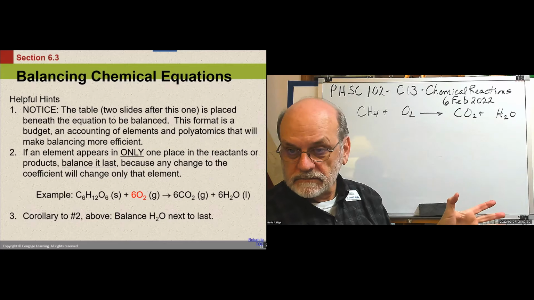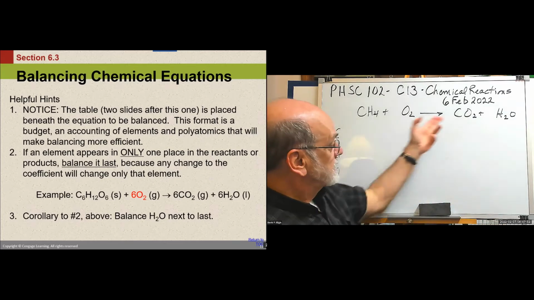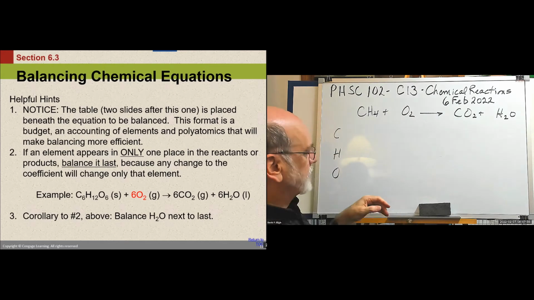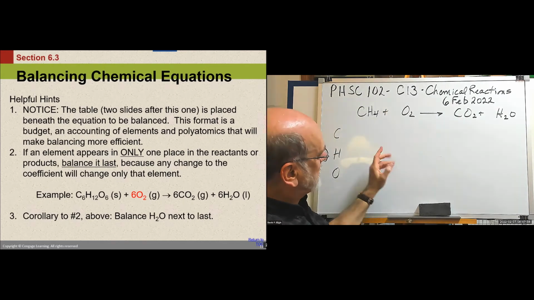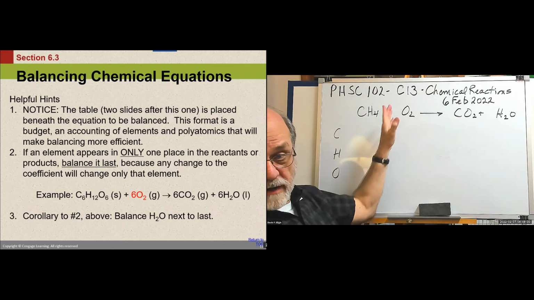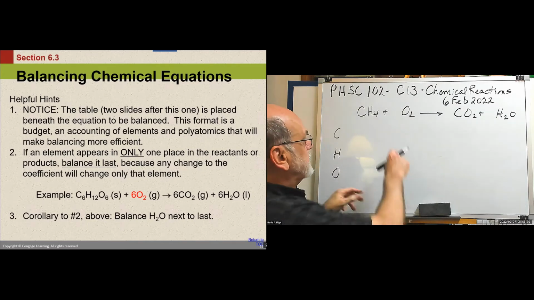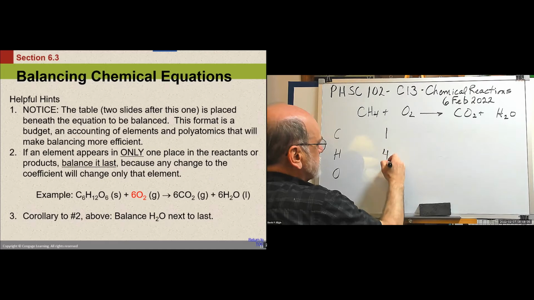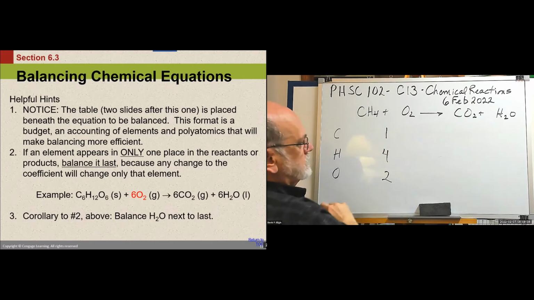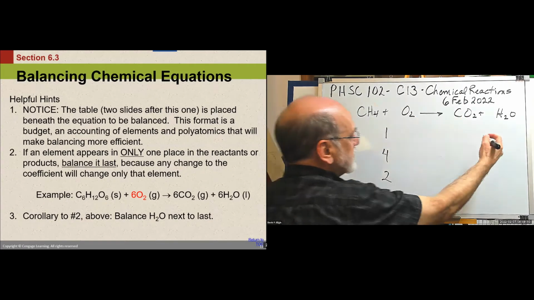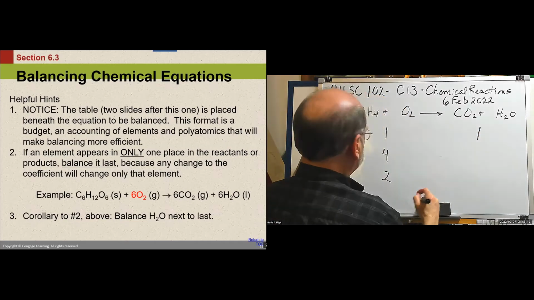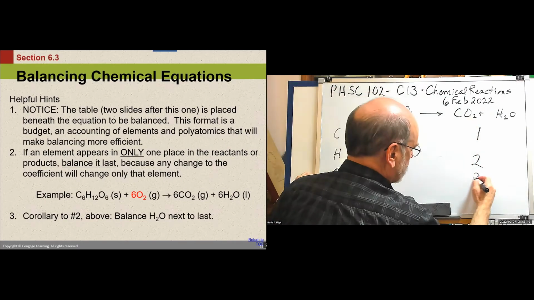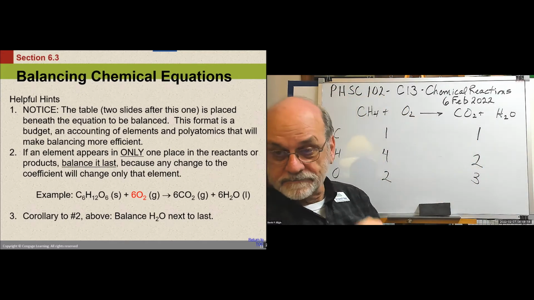That's all of them. Carbon, hydrogen, oxygen. It counts for every element in the equation. And then on this side, you count up the number of each one and just write it down. So there's 1 carbon, there are 4 hydrogens, and there are 2 oxygens. And on this side, there's 1 carbon, 2 hydrogens, and 3 oxygens.